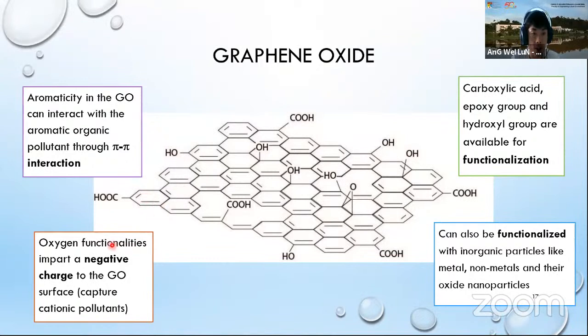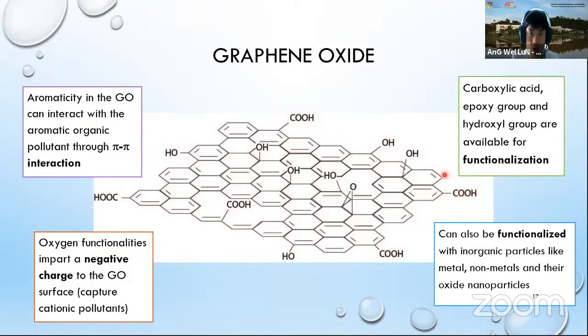The oxygen functionalities impart a negative charge to the graphene oxide surface. So those oxygen functional groups, when they dissociate in water at a certain pH, will form a negative charge. This negative charge will be able to capture positively charged pollutants. The carboxylic acid, epoxy group, and hydroxyl group are available for functionalization.